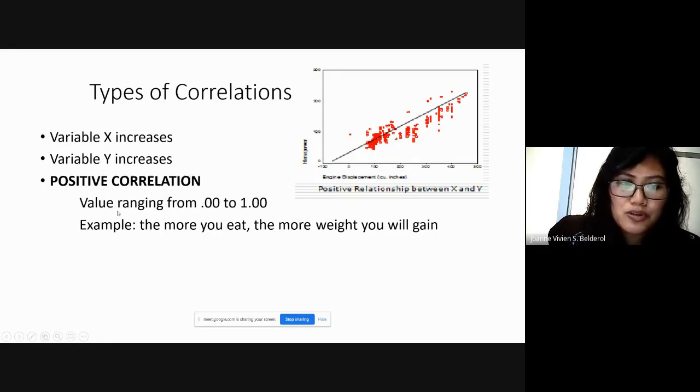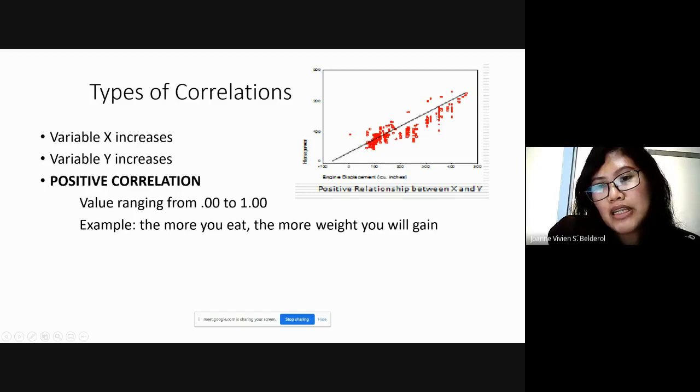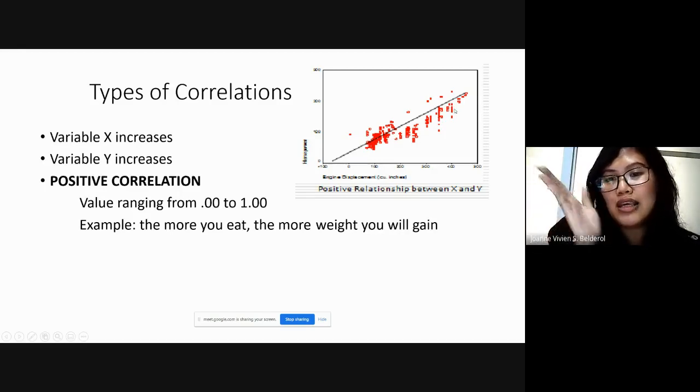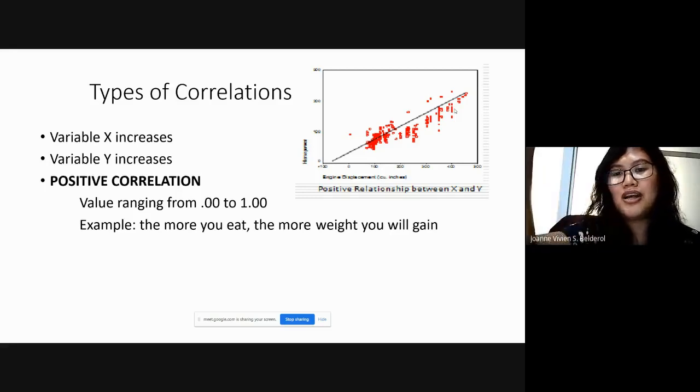And then the value should be ranging from 0.00 to positive 1. So pag 0.00 to positive 1, that means it's a positive correlation.